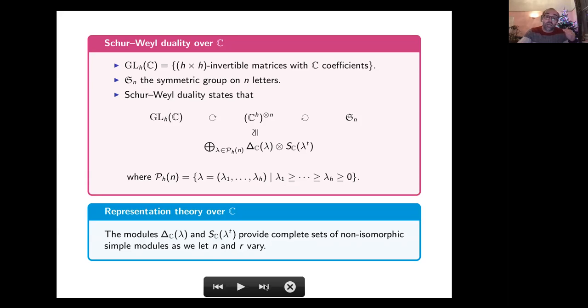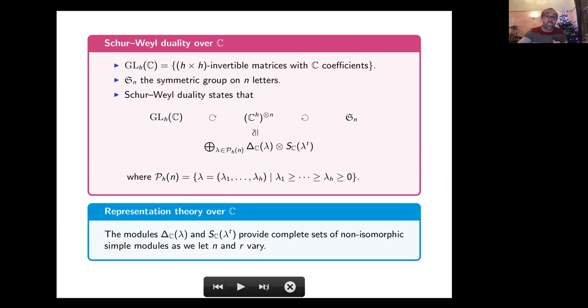And if we let h and n vary, I'll see all representations of symmetric groups and all representations of general linear groups eventually.